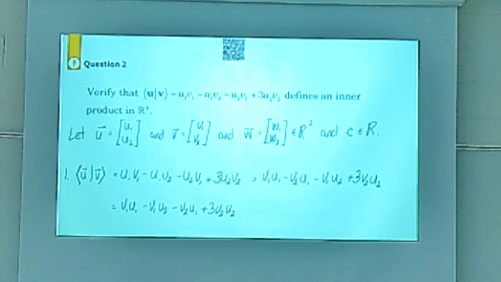So can't we write that? But now, isn't that the definition of the inner product of v with u? First axiom is satisfied.